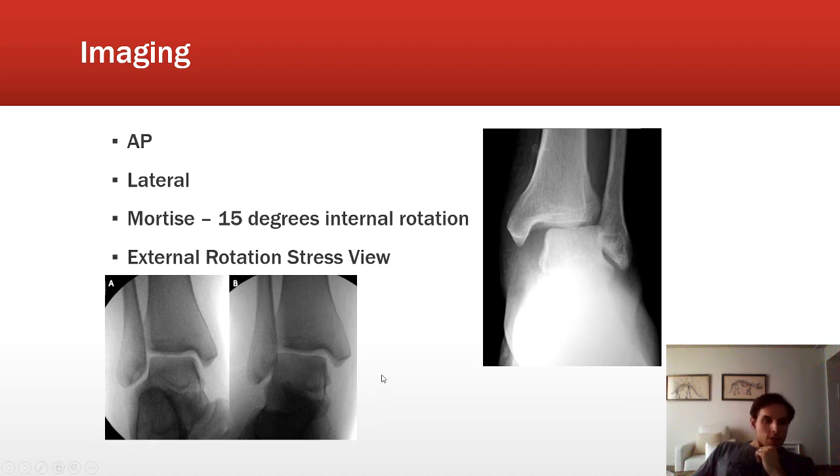One thing to note, gravity views with the ankle hanging with gravity are essentially equivalent to an external rotation stress view, and it's more humane. You're not going to be inflicting as much pain on the patient, so that's a good alternative.